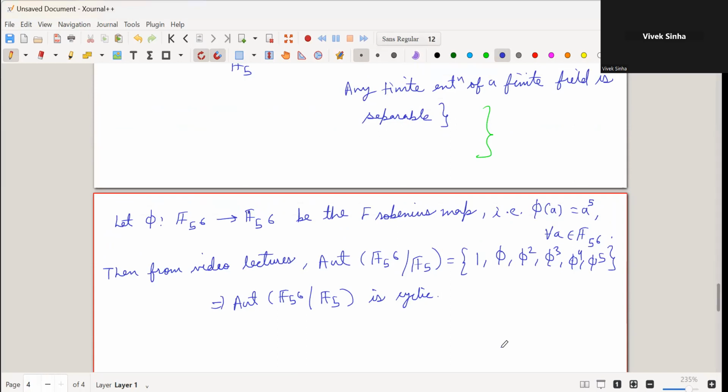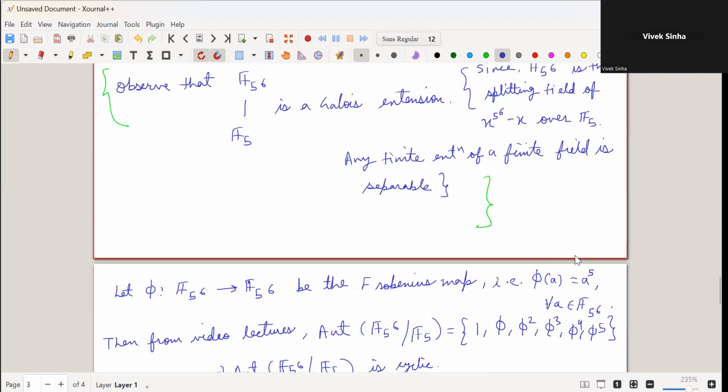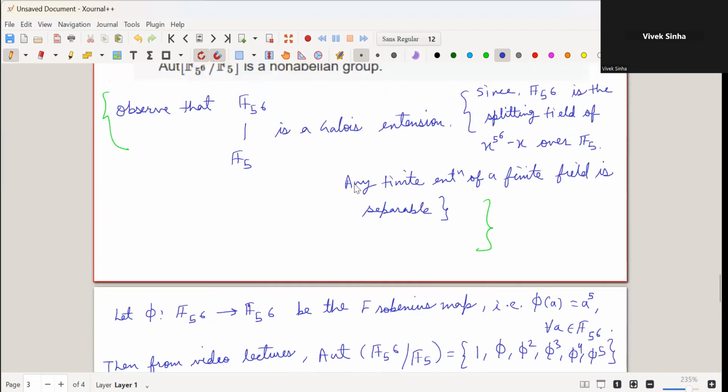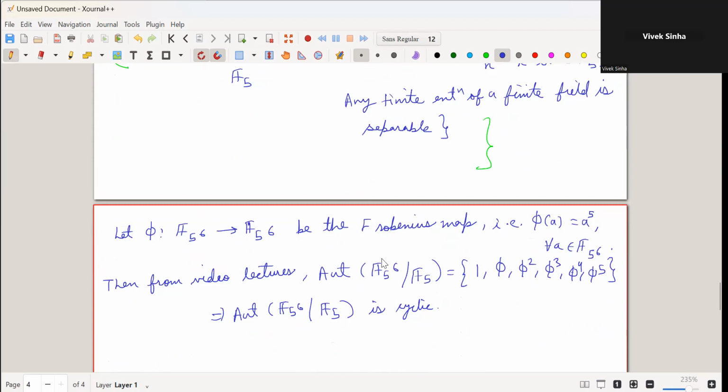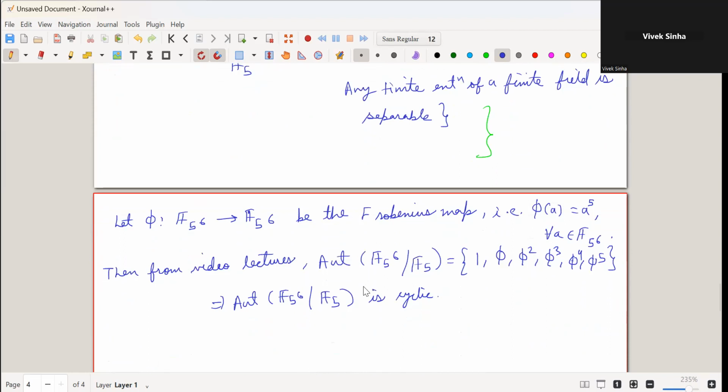In the video lectures, it has been shown that the automorphism group of FPN over FP is generated by this phi, thus it's a cyclic group. Whatever I did earlier was not needed. That is just for your information that it's a Galois extension. The solution is just this. There were two options, cyclic or non-abelian, so option one, cyclic, is correct.